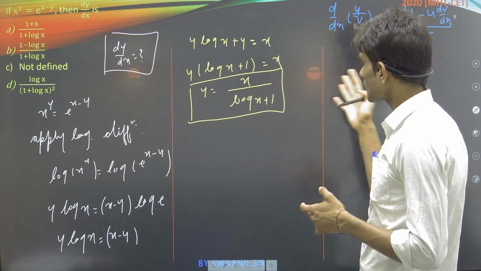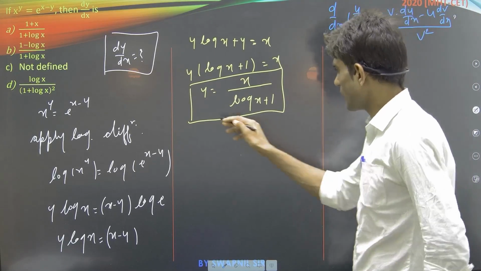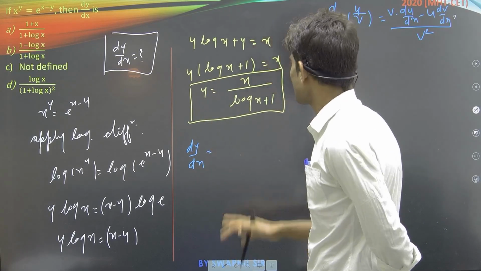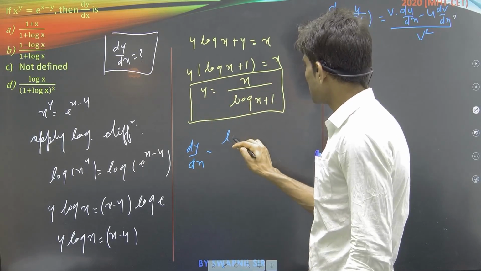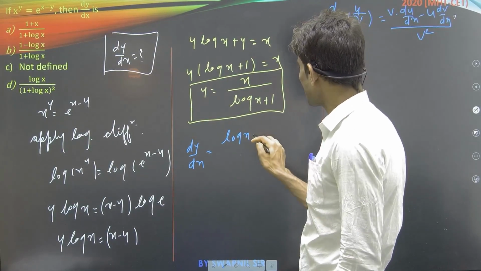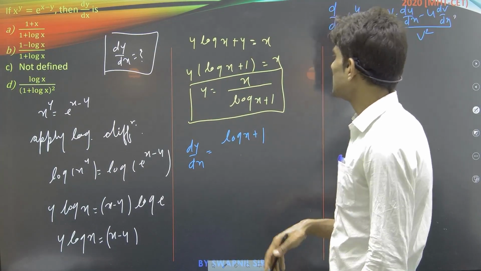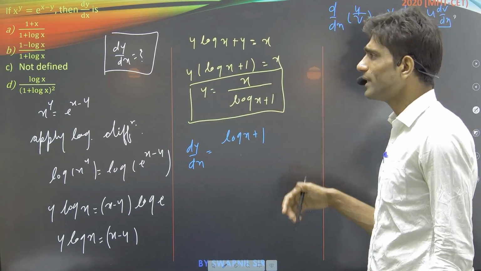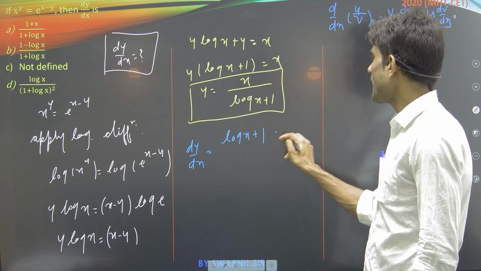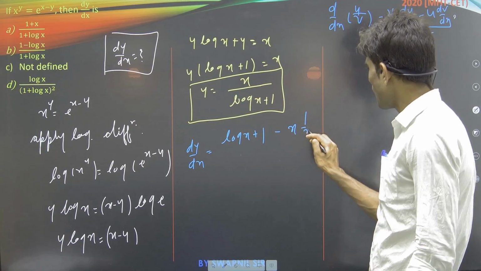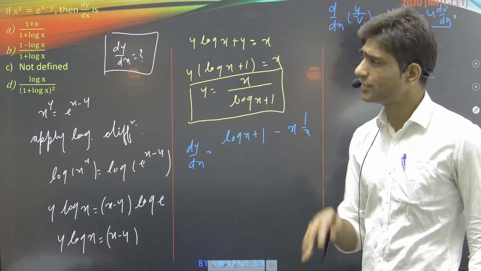Apply it directly here. dy by dx can be written as v into the derivative of u: log of x plus 1 into the differentiation of x with respect to x, which gives the value 1, minus u, which is x as it is, into the derivative of v: log x has differentiation 1 upon x and plus 1 has differentiation 0.